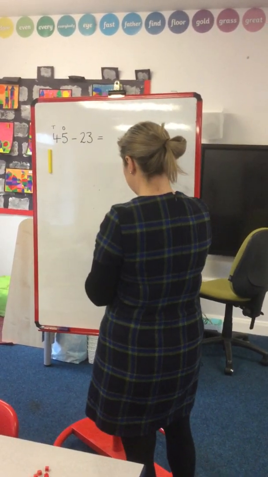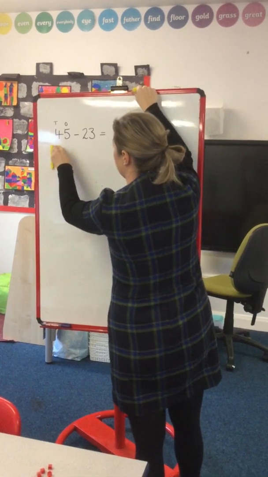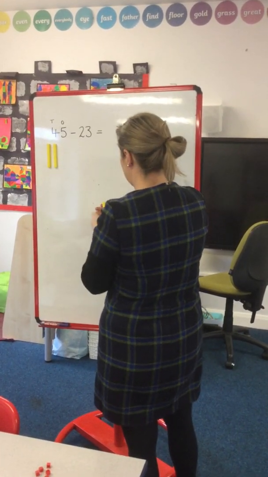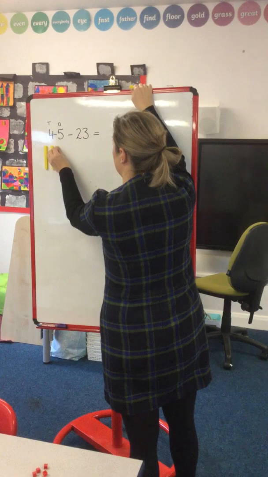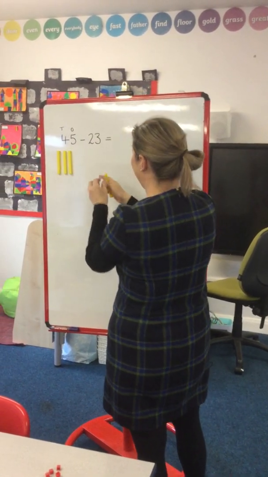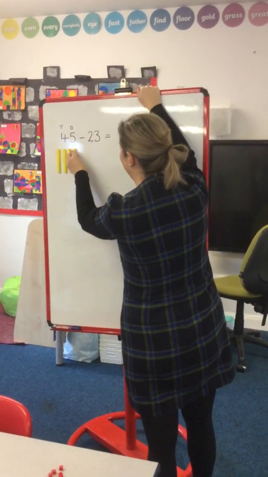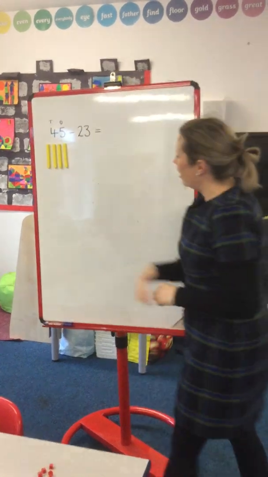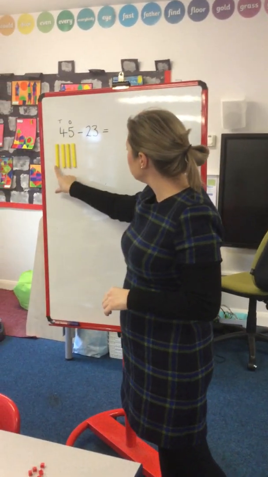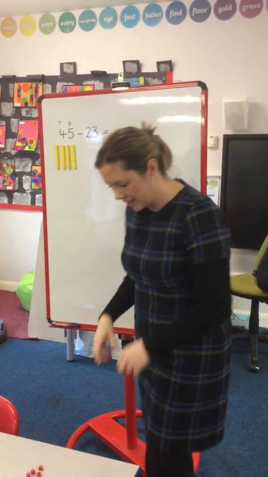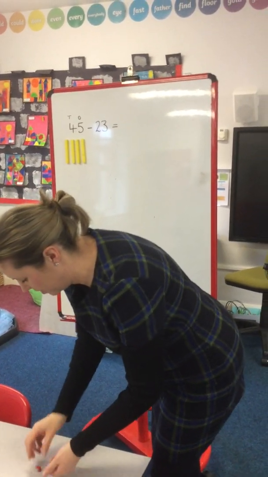10, 20, 30. It's a bit of a squeaky board. Very squeaky, I'm not believe. There we go, so we've got our 40, so 4 10s is 10, 20, 30, 40. And then I've got our 5 1s.